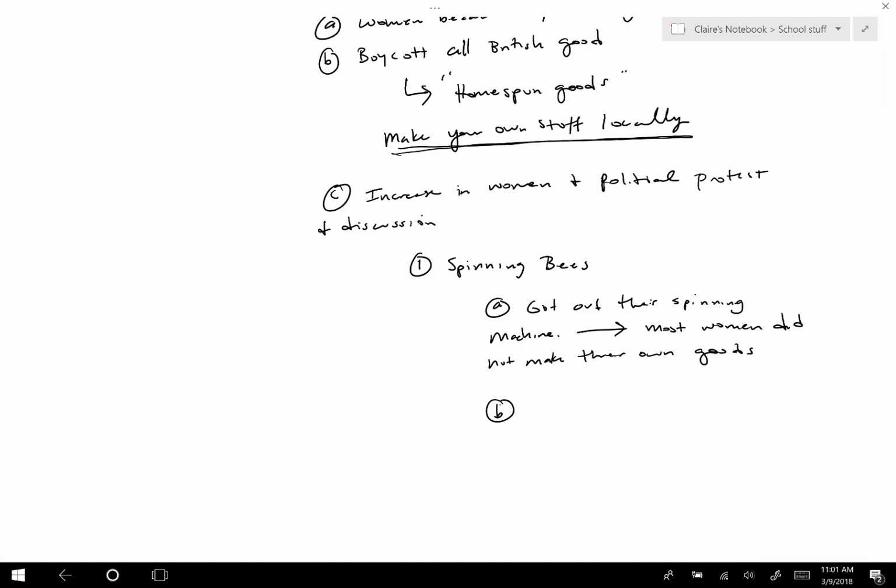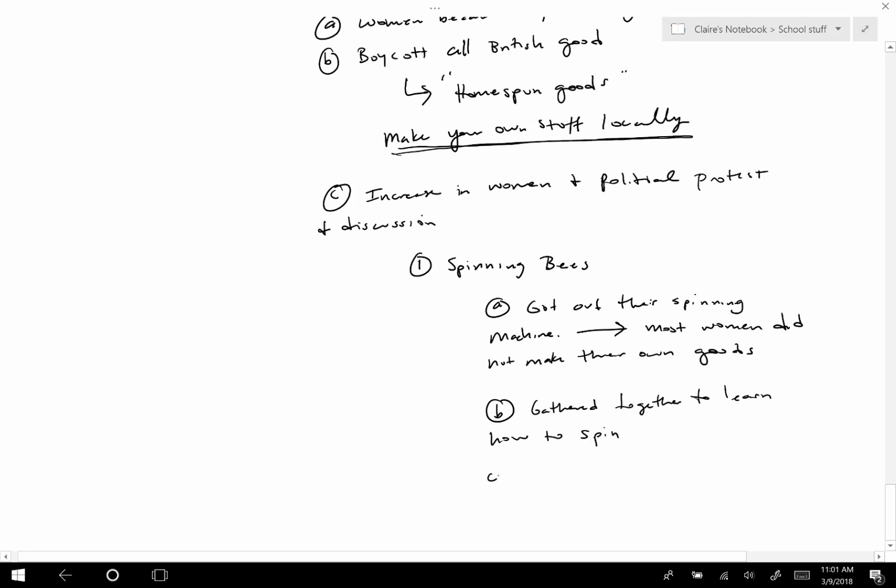They ended up having spinning bees where they put all of their equipment outside, and they gathered together to learn how to spin.